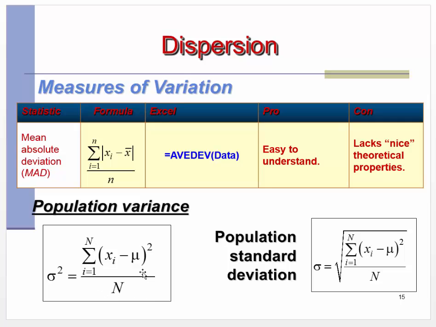Please notice the difference between population variance and sample variance. The formulas are different. The population standard deviation, similarly, is the square root of the variance. That's the same as for the sample.